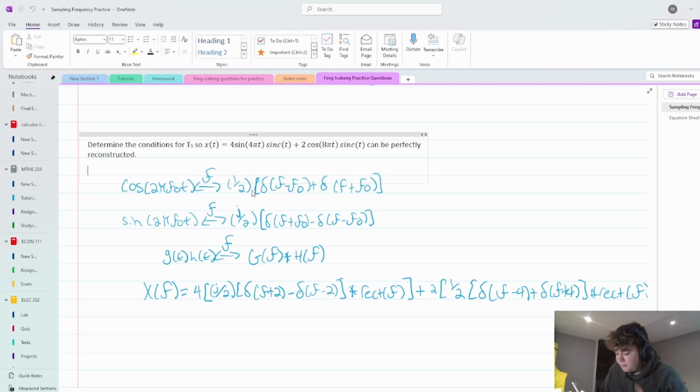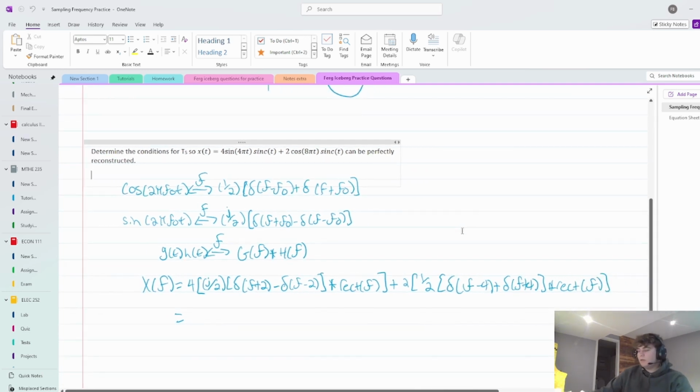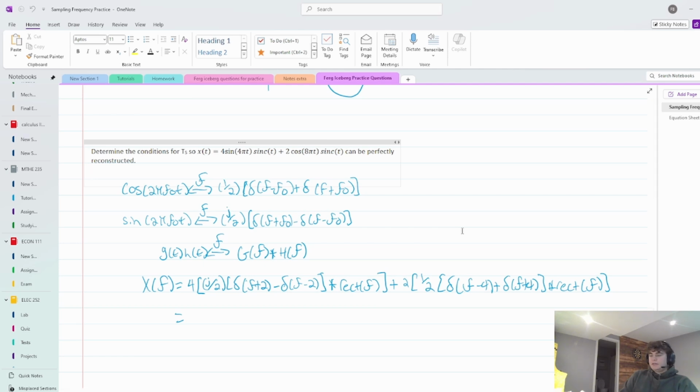So now you're left with these equations here. You can pretty much simplify it, because if you're looking at the convolution of an impulse function with another function, like a rectangle function, what you end up with is that whatever function is being convolved with the impulse function is just shifted over to wherever the impulse is.